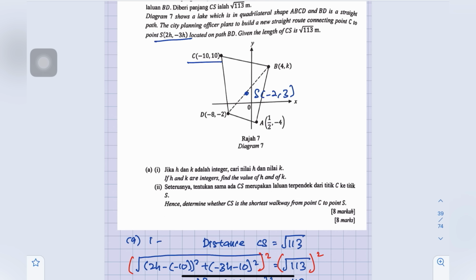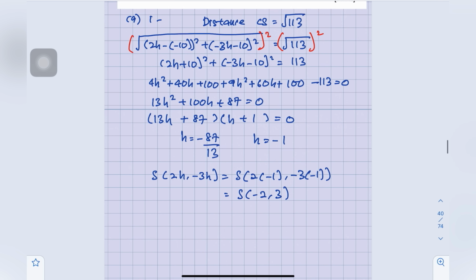So meaning that the gradient of BS equals the gradient of SD. So we can find the gradient of SD first. We have S here. D is (negative 8, negative 2) and B is (4, K).